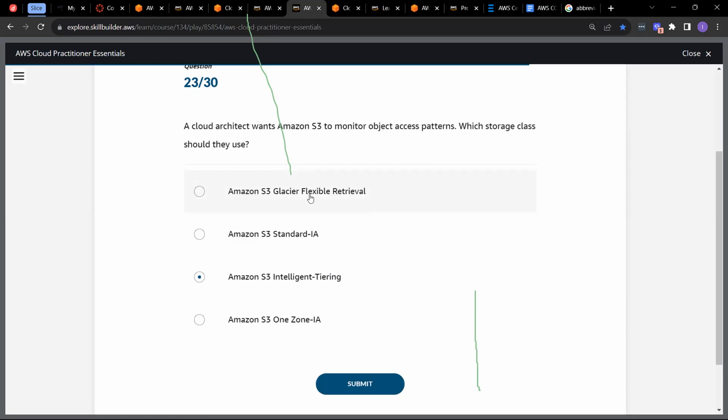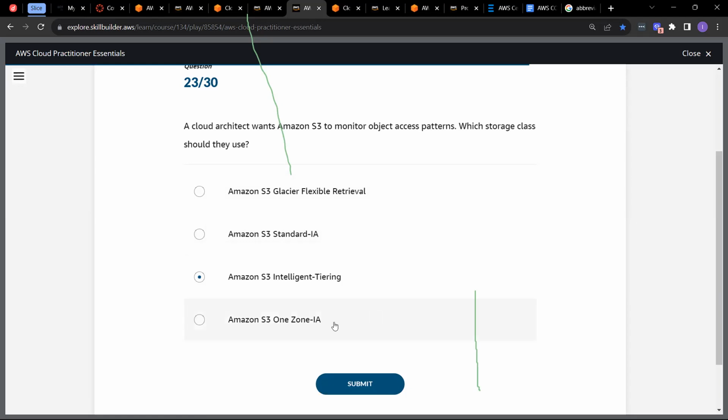Glacier is for archiving. The flexible retrieval one is more like, we have archived it, but if I want access to it, it should be readily available. Standard IA is infrequent access. You are not archiving it, but it's data that is not accessed frequently.